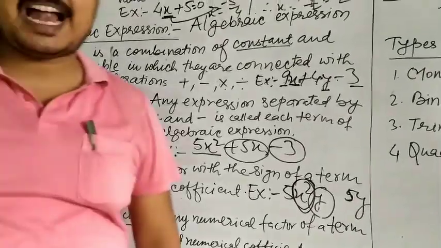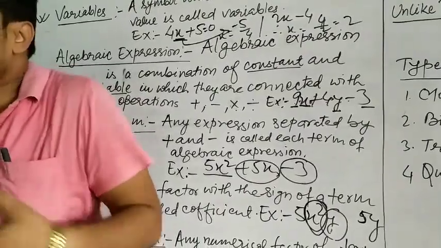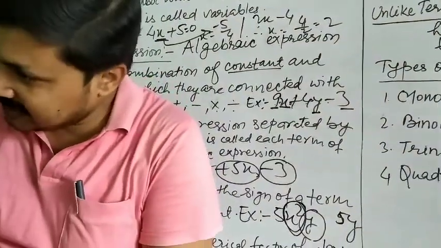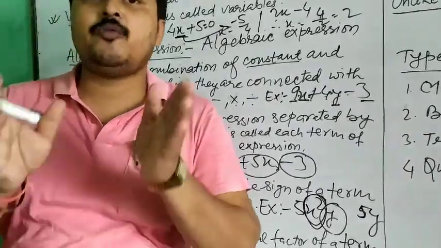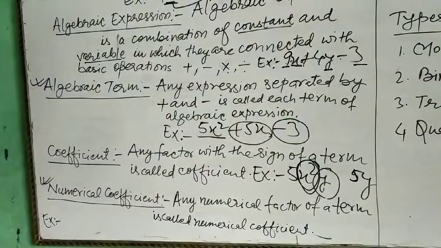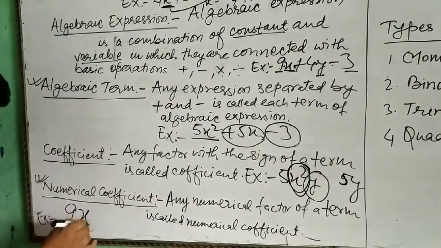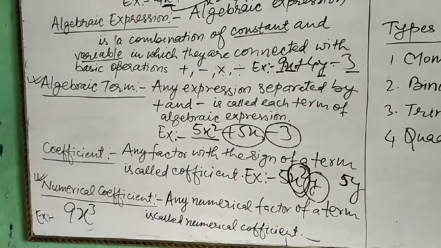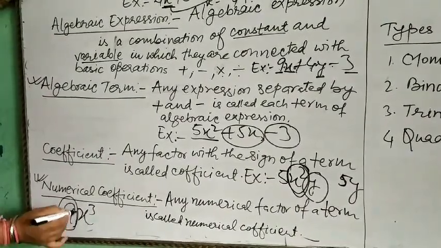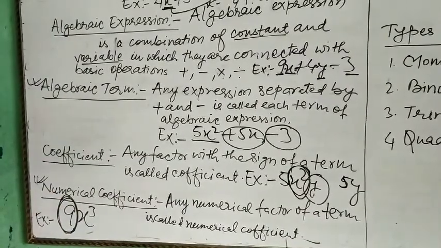Numerical coefficient, that means only the numerical value multiplied with the variables is called the numerical coefficient. If we take here 9x cube, the numerical coefficient is 9. That is only the number. That is called the numerical coefficient.